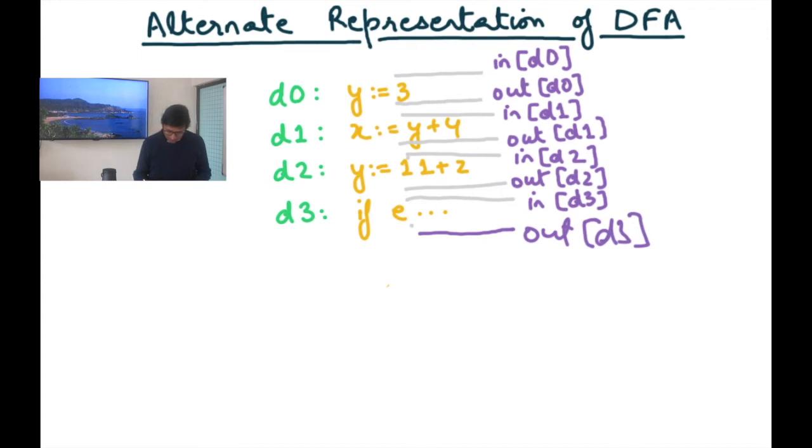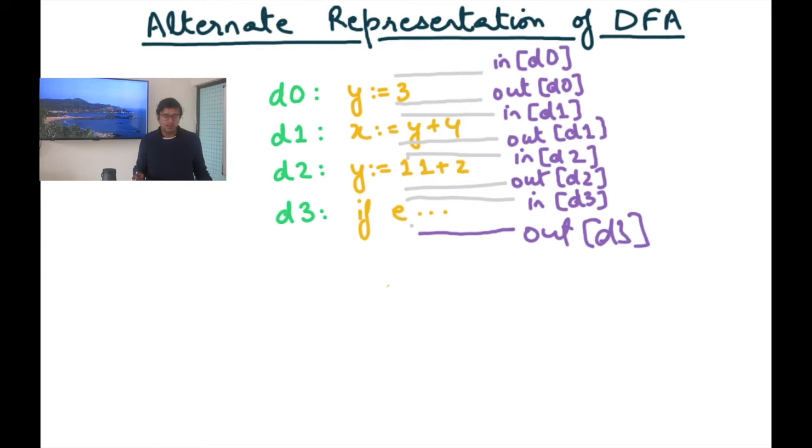And notice that there's a slight subtle difference between what I'm doing here and what I was doing in our previous discussion. The difference is that I have separate names for out[D0] and in[D1], although they actually represent the same program point. The program point that just follows D0 is the same program point that just precedes D1, but still I would prefer to use different names for them and say out[D0] and in[D1].